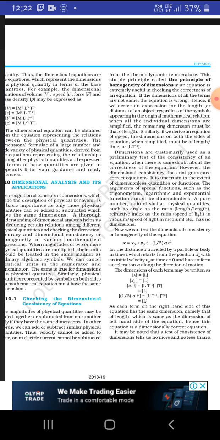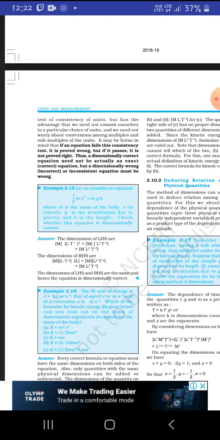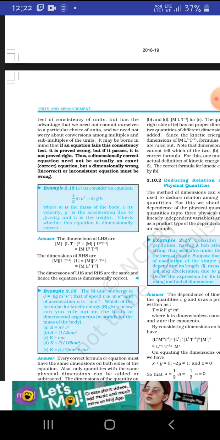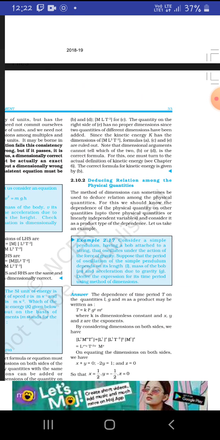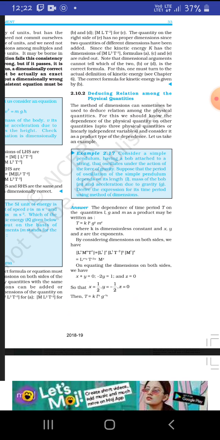When we solve that, we get L, that is length, so on the right hand side we get length. Like that only we have to solve the formula, and we will get the answer like this. You have learned how the dimensional formula works.